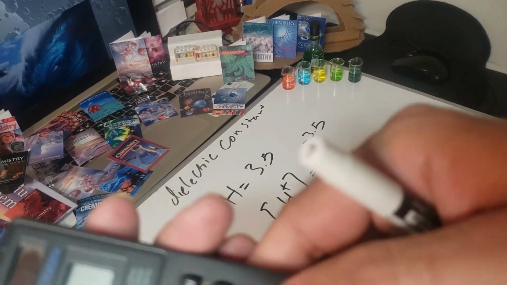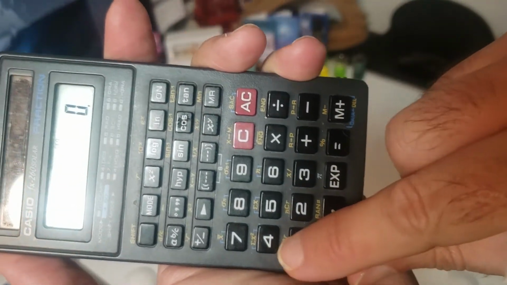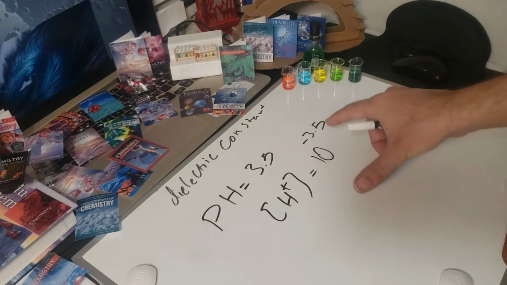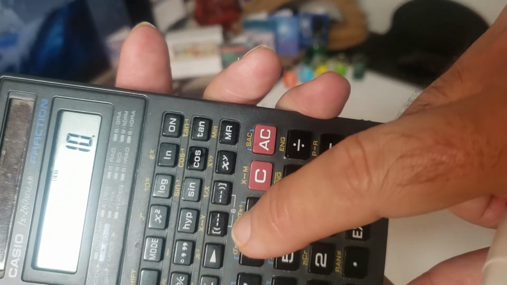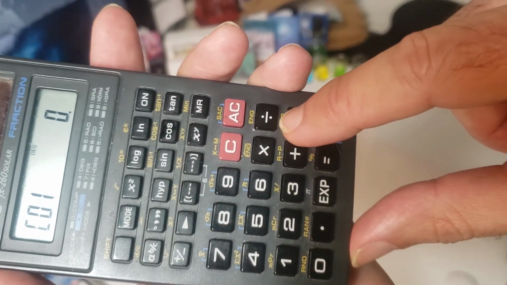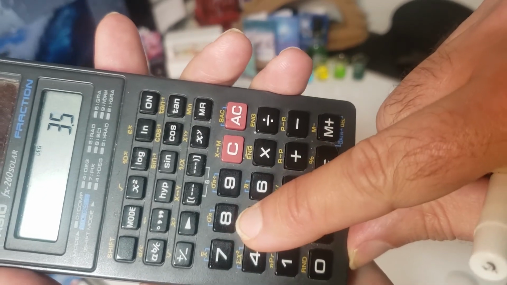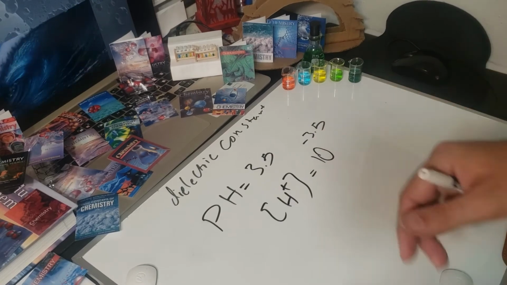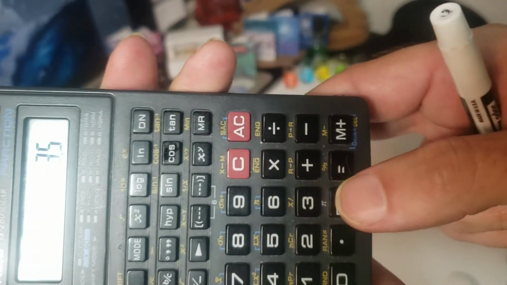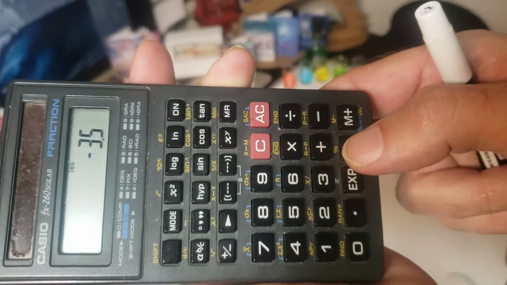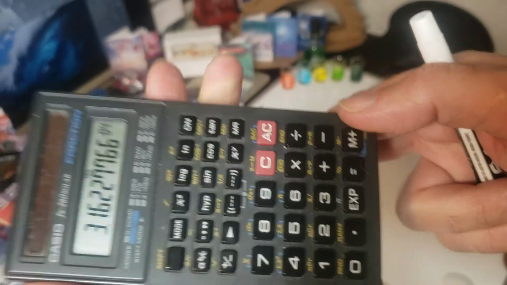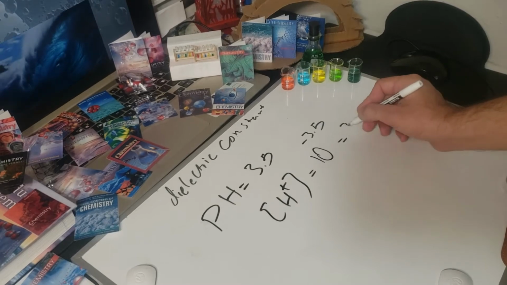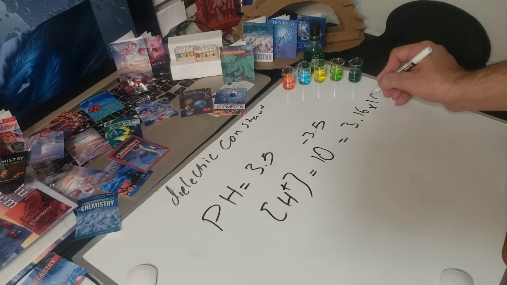I do 10 to the power, and for doing minus 3.5, I have to open parentheses, minus 3.5, and when I close the parentheses, it realizes that I'm doing this, and if I say equals, it gives me that. So that becomes 3.16 times 10 to the minus 4.